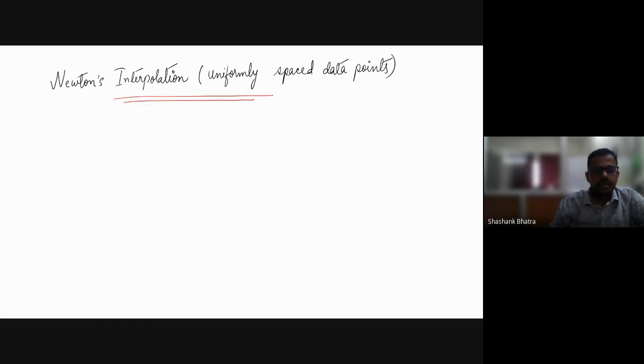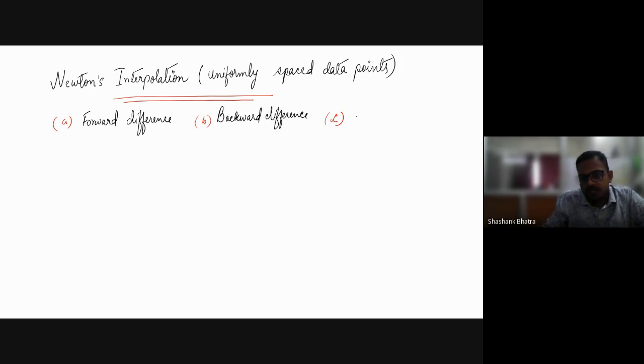This basically makes use of the finite differences I mentioned, and there are three, as I have mentioned in the previous slides as well: forward difference, backward difference, and your central difference.